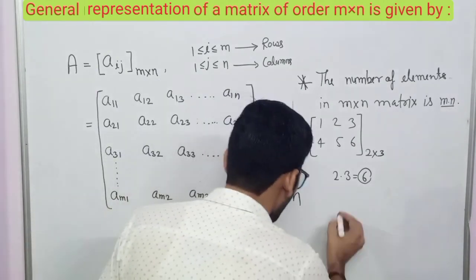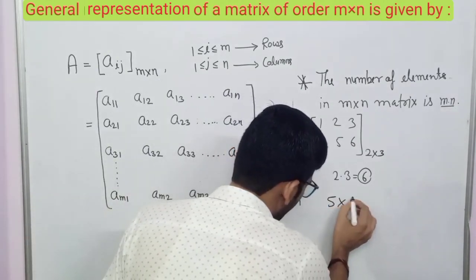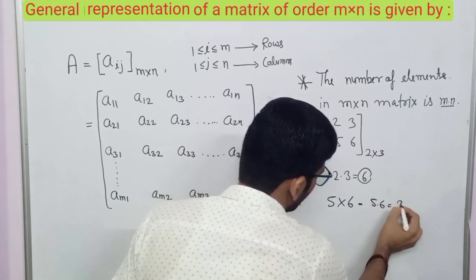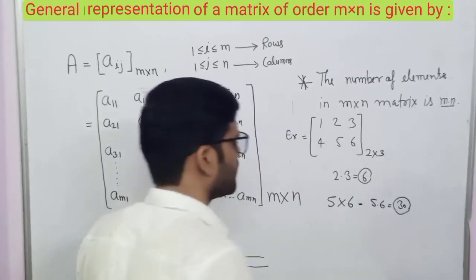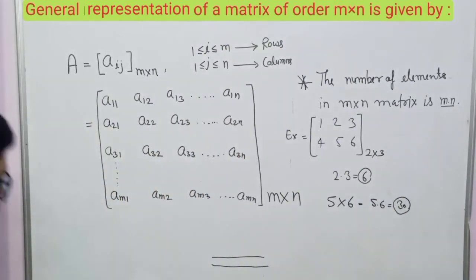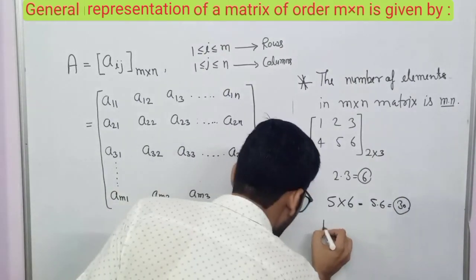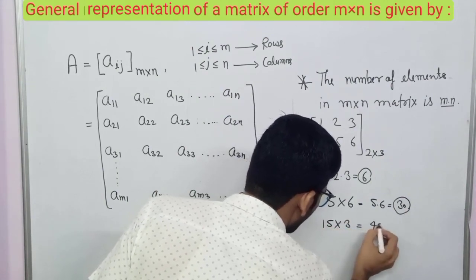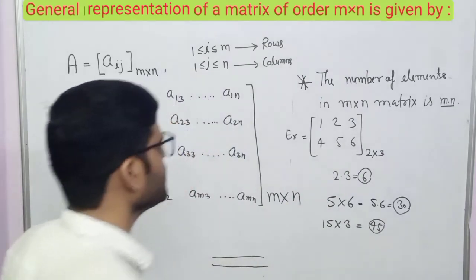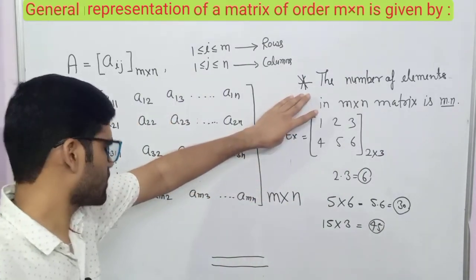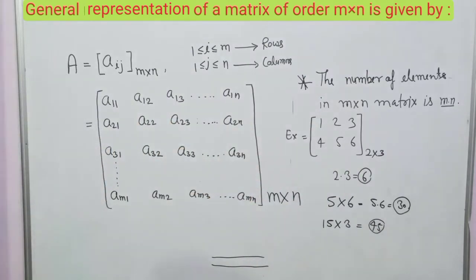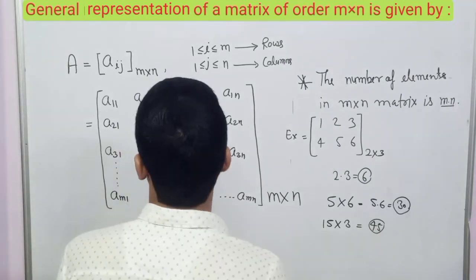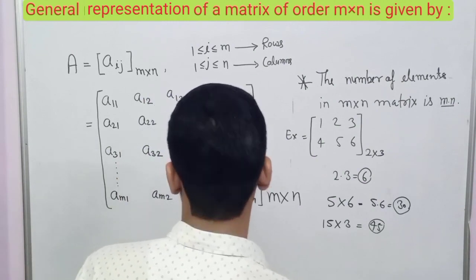So if 5 cross 6 is a matrix, the number of elements is 5 into 6, that is 30 elements. And if the order of a matrix is 15 cross 3, how many elements? 45 elements. Okay, so you can write this as a note. Is it clear? Any problem?